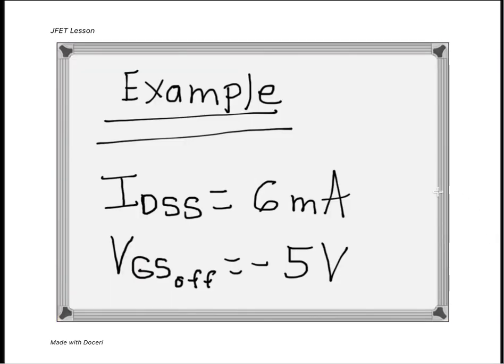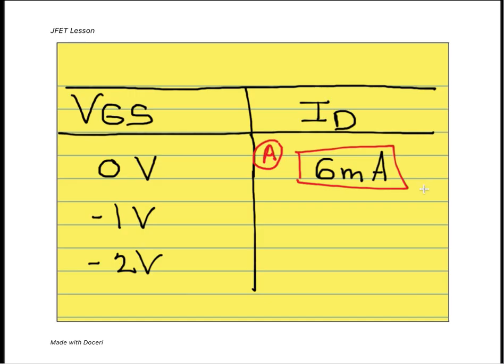So here's an example. Assume our saturation current is 6 and our cutoff voltage is -5. So this is where our conduction channel is wide open, current's at a maximum. When the conduction channel is closed, our current is 0. There is some leakage current, but we can't totally get away from that.